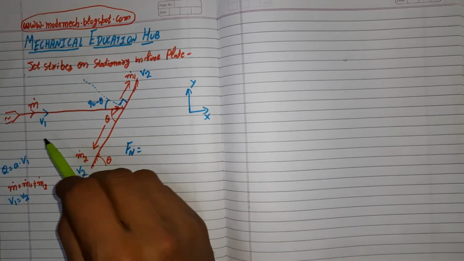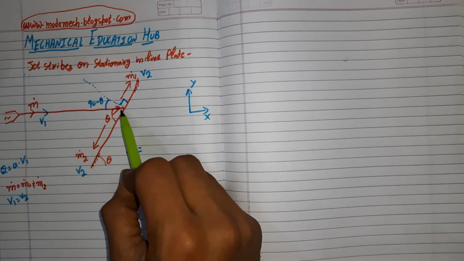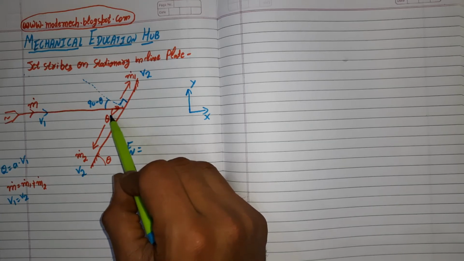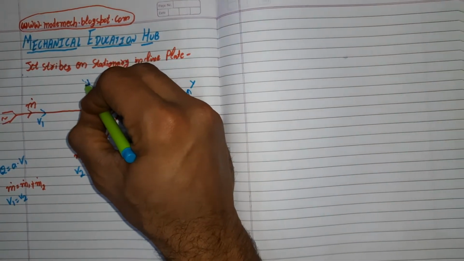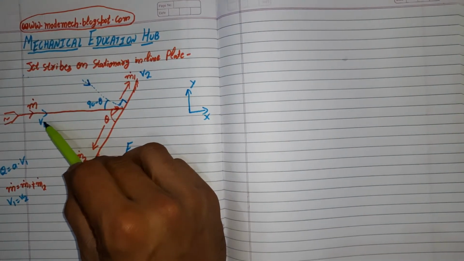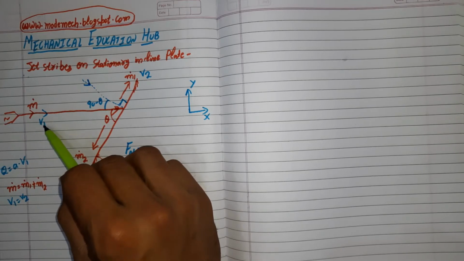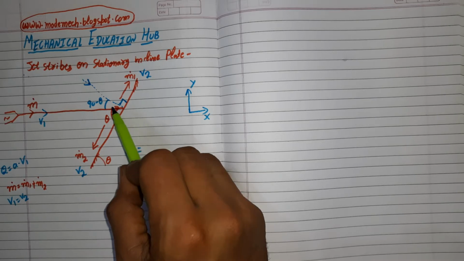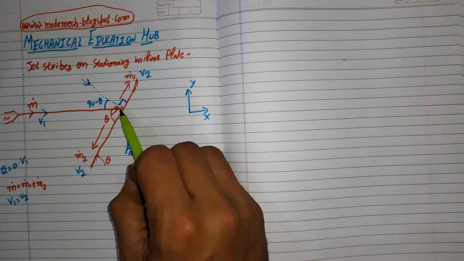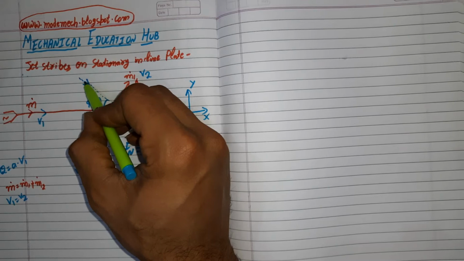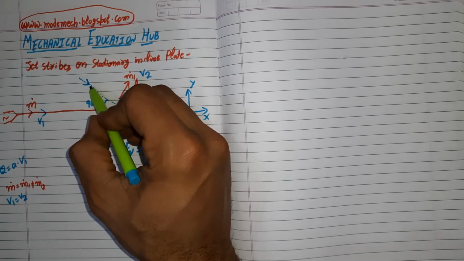If we have this v1 striking this plate, and this plate is forming angle theta with the horizontal axis, the normal to the plate is this direction. If this velocity vector v1 is striking this plate, we can split this velocity vector v1 into its sine and cos components. Now this cos component will be in the direction normal to the plate.